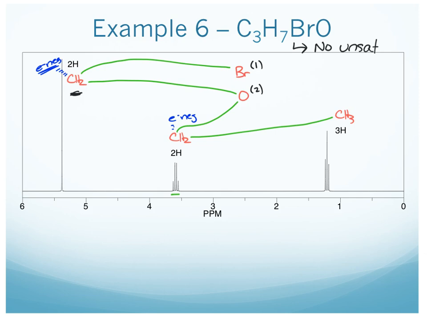So a double electronegative effect pulling it downfield. So this one we have bromine, CH2, O, CH2, CH3. And of course this CH2 is a singlet because there's no CH's attached.